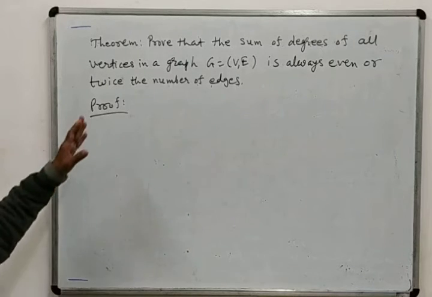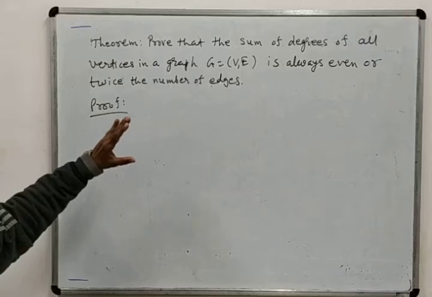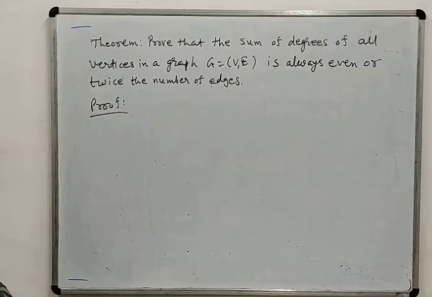So here we want to prove that the sum of degrees of all vertices, that means the total degree of vertices in a graph G, is always even, or it is twice the number of edges.